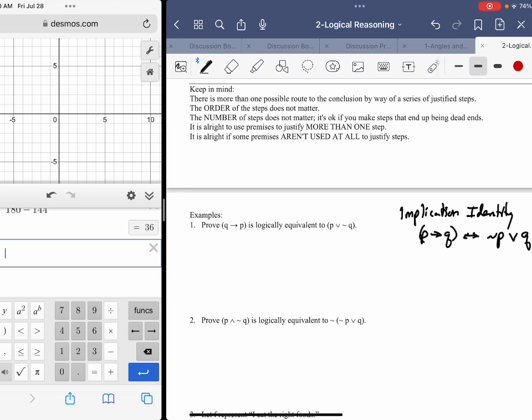All right. So what's happening here is we have Q implies P. Now, if I want to get this to fit this, I'd have to manipulate it. We could use a bunch of different approaches, but I think the best way to do it is to create what I'll call a role reversal.